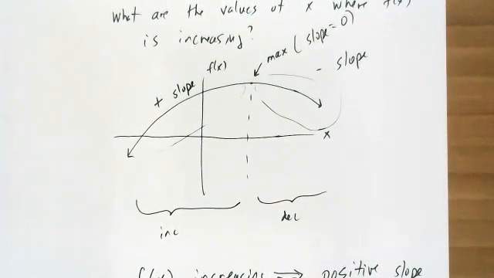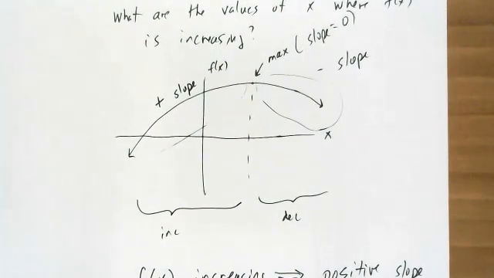At a maximum or minimum, that's where your slope actually equals 0. Because the slope is either positive, going up, or negative, going down. If it's perfectly level, that's when the slope is 0. All right, well, that'll come later on.